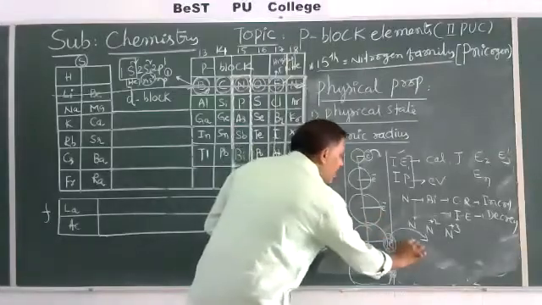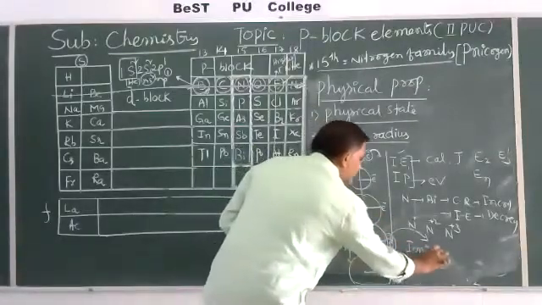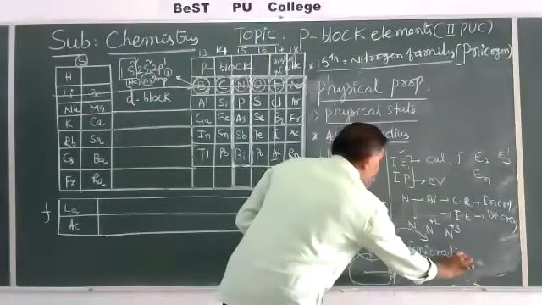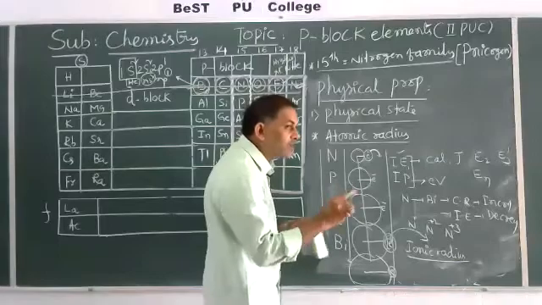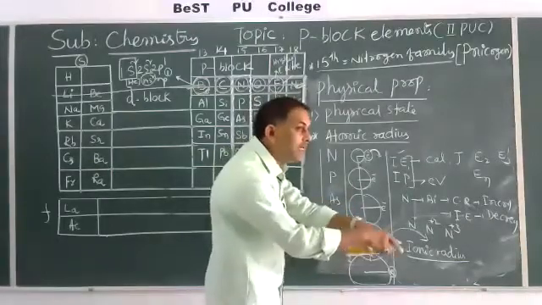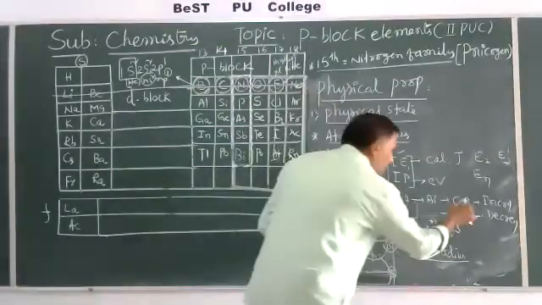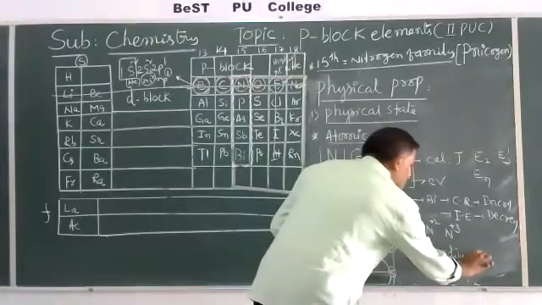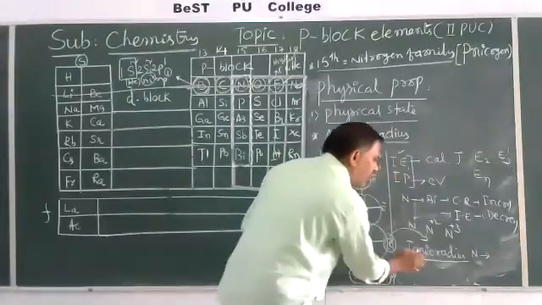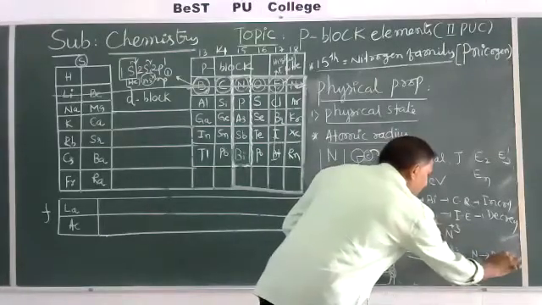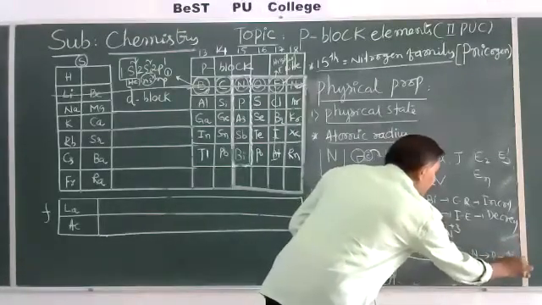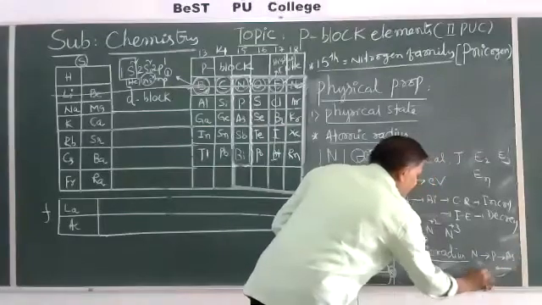But in ionic radius, generally from top to bottom ionic radius also increases, but it does not vary in a strictly regular way. From nitrogen to phosphorus ionic radius decreases, again decreases, again increases.